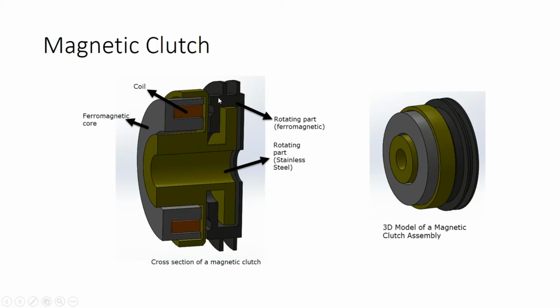As a result, there is a force acting that makes the follower go towards the driver. Let me repeat it. When the clutch is activated by passing a DC current through the coil, there is a magnetic flux in the ferromagnetic core.